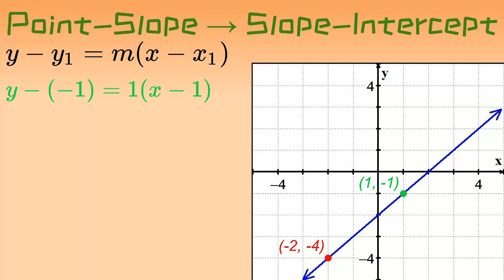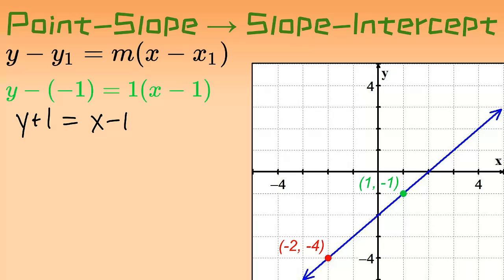And I'm just going to rewrite it. y plus 1 is equal to, now I could distribute that 1 and I'd get x minus 1, of course, because I can just get rid of this, which means I can get rid of the parentheses as well.